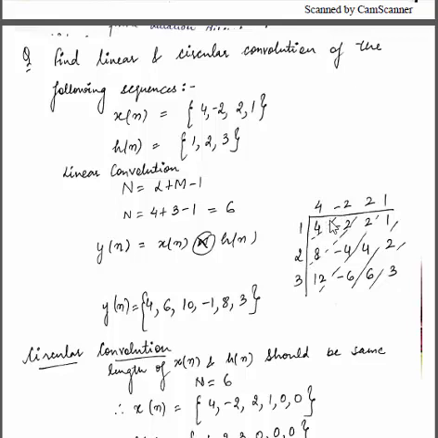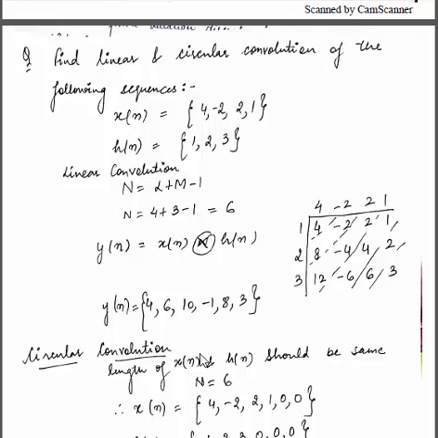After multiplying, separate along the diagonals, then add, that is 4, 8 minus 2 is 6, 12 plus 2 is 14, 14 minus 4 is 10, 4 plus 1 is 5, 5 minus 6 is minus 1, 6 plus 2 is 8 and last is 3. So we got at the end y of n is equal to 4, 6, 10, minus 1, 8, 3. So the length of the output sample is 6, N is 6.